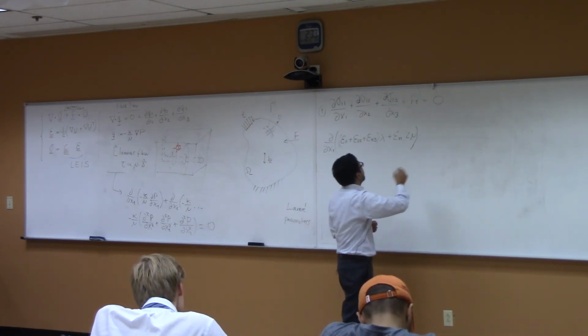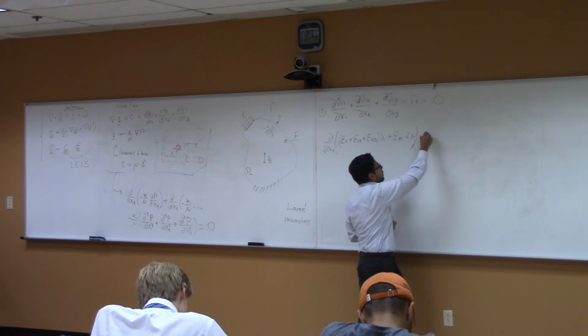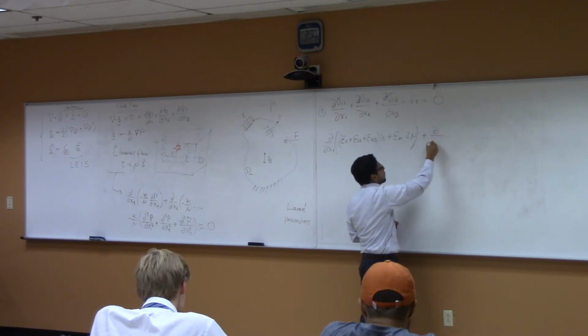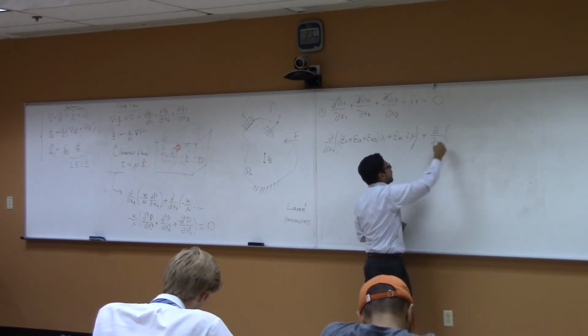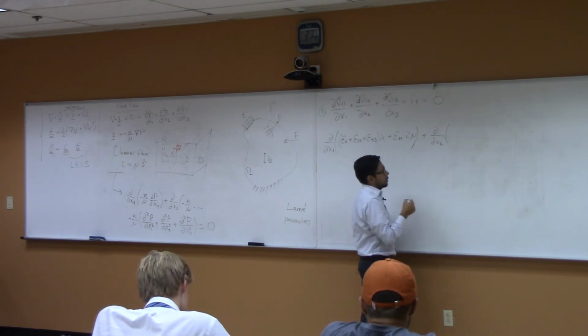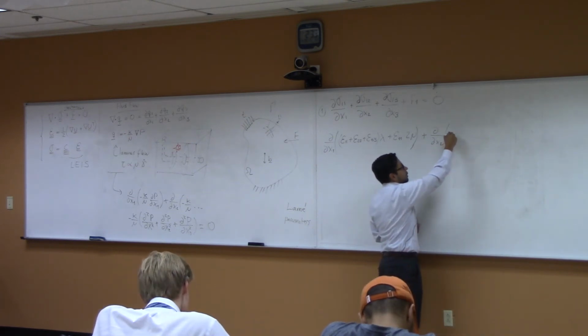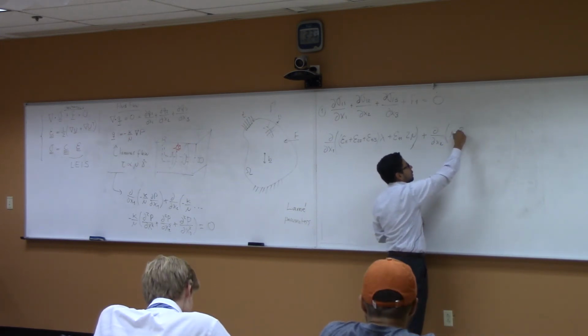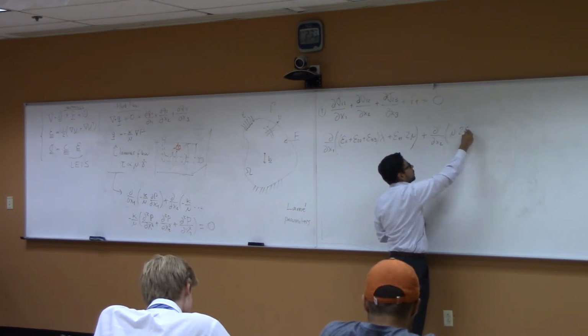Let's write sigma 1,2. Sigma 1,2 is going to be just mu times 2 times epsilon 1,2, right?